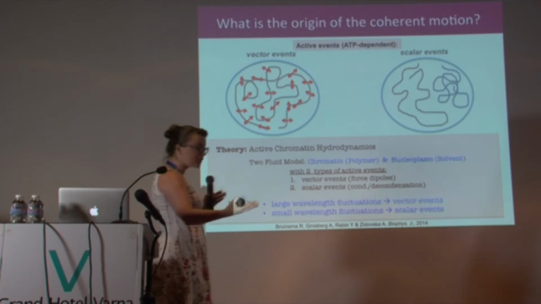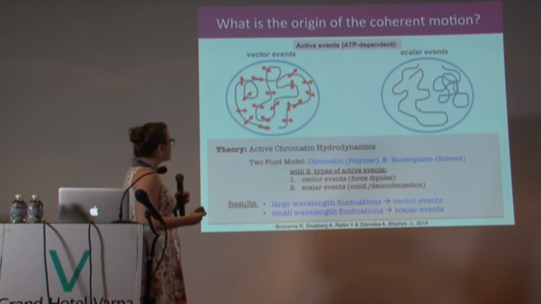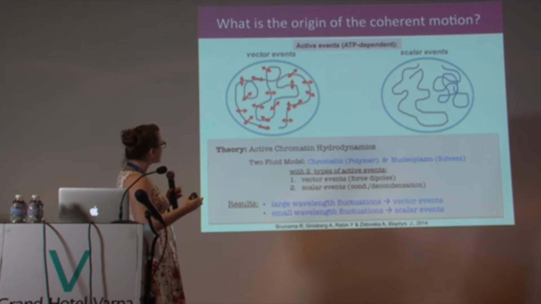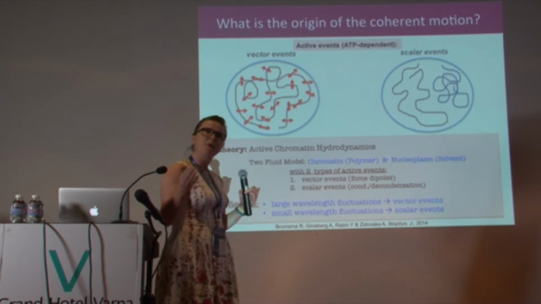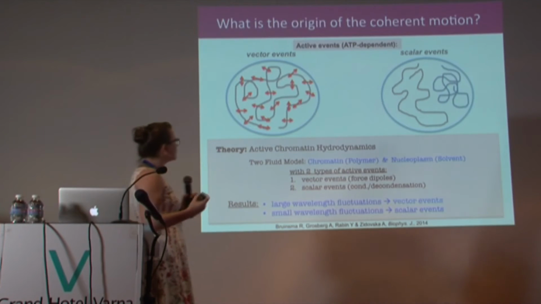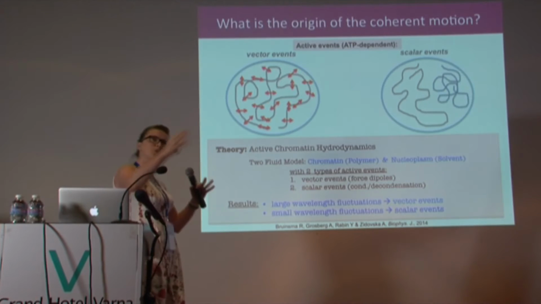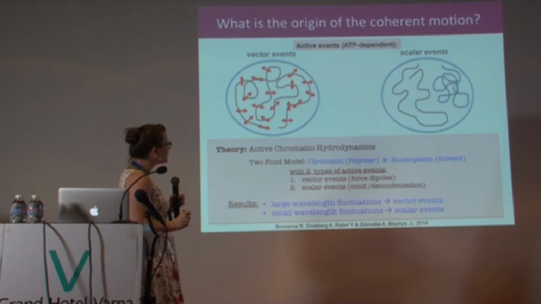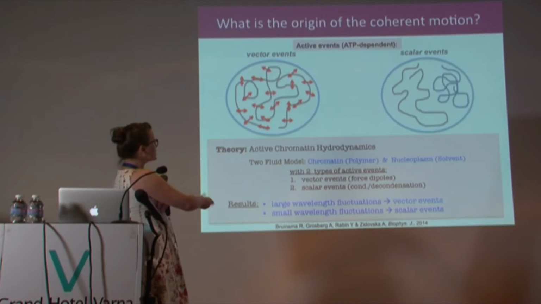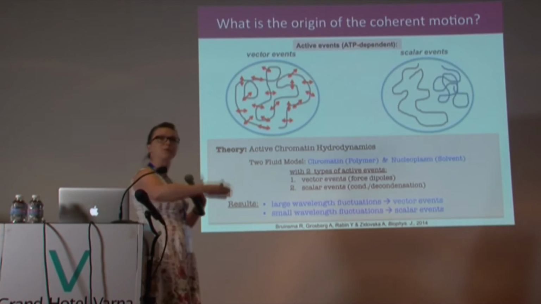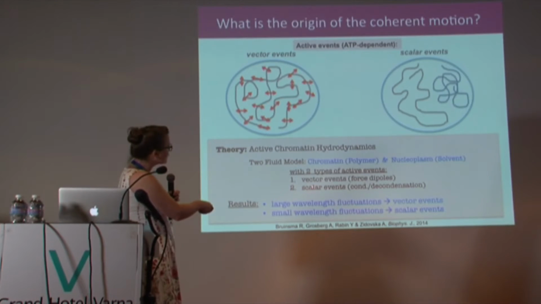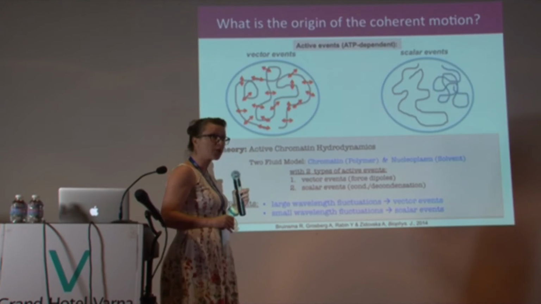which provides a hydrodynamic description of the polymer solution, or of the chromatin solution, inside of the nucleus, starting with a two-fluid model where the polymer is the chromatin and the solvent is the nucleoplasm. You start with an equilibrium solution, so Shura has shown it yesterday in much greater detail, and on top of this equilibrium solution you put the active perturbations that push you out of equilibrium, for both the vector events and scalar events, so force dipoles and condensation, decondensation.